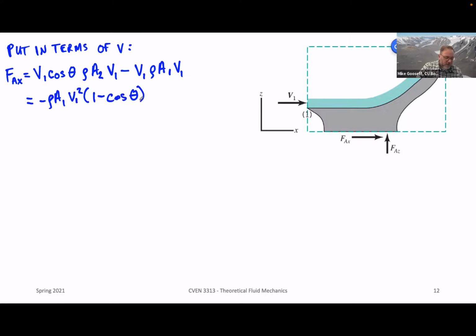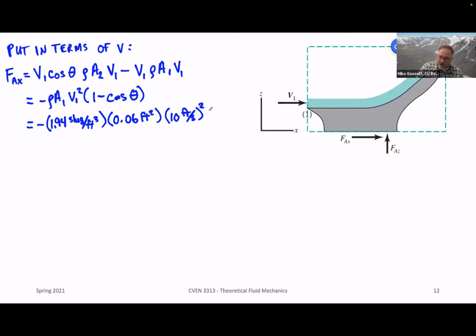And remember, what units are we working in? Oh, feet, right? So we're working in imperial, so we can plug in a few numbers here. So this would be equal to minus 1.94 slugs per foot cubed. And then we multiply by cross-sectional area, which was 0.06 feet squared. And then we multiply by the velocity, 10 feet per second, and that quantity will be squared.